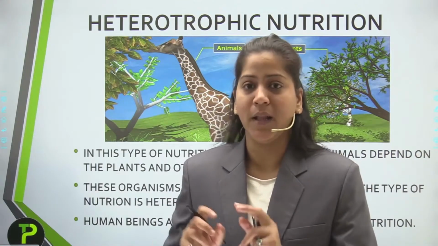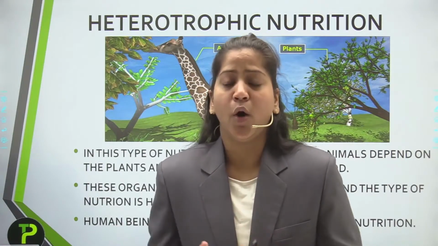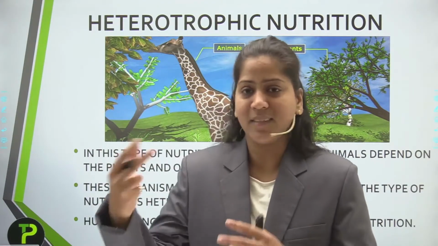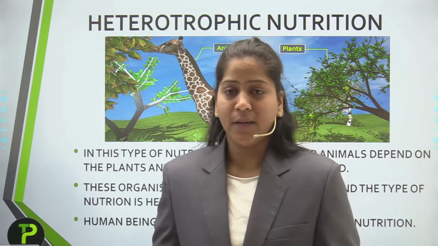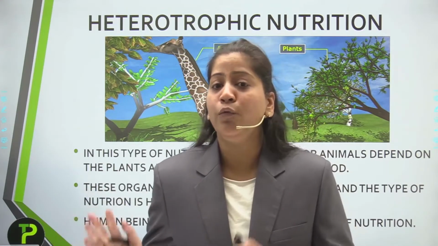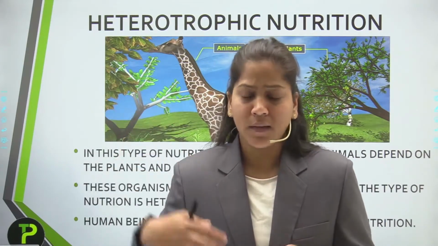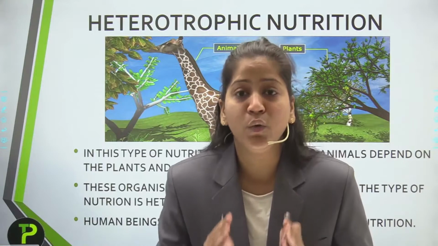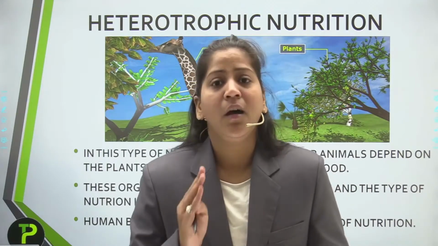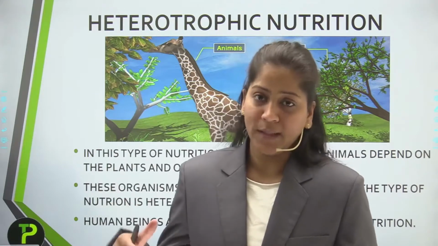If I make pulses, or I make some chicken or meat, it has come from animal or plant. So I cannot make my own food, but plants make their own food. They are not getting food or any material from any other organism, but they use raw materials such as carbon dioxide, water, and other things to make their own food.